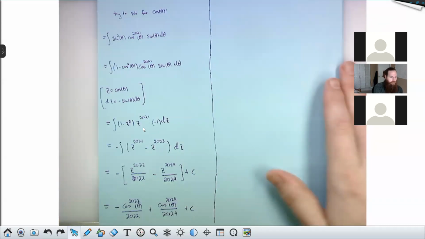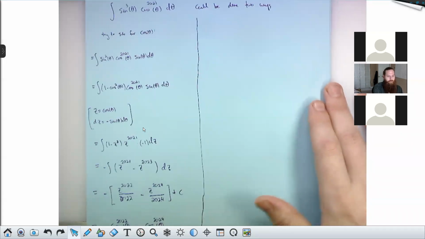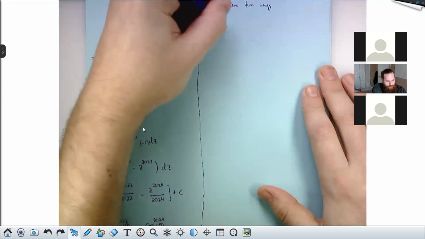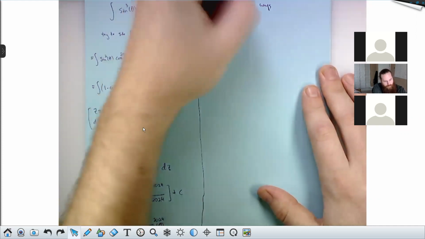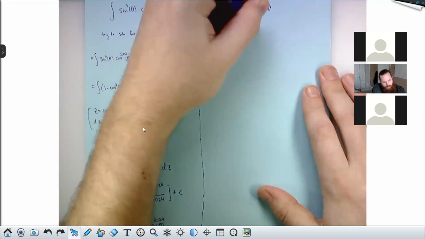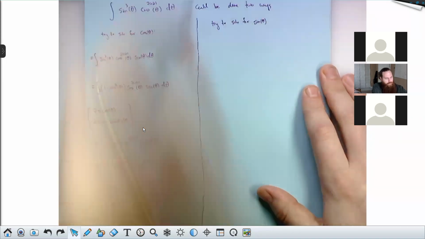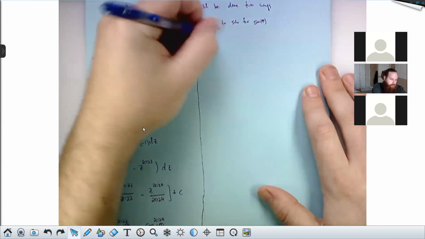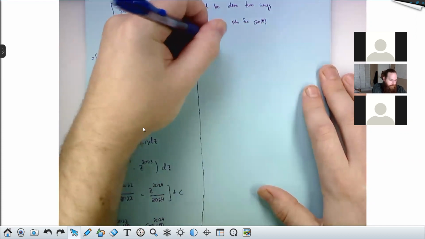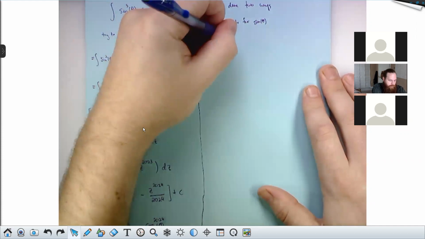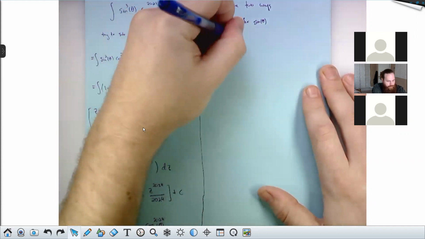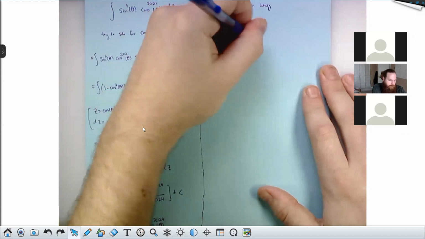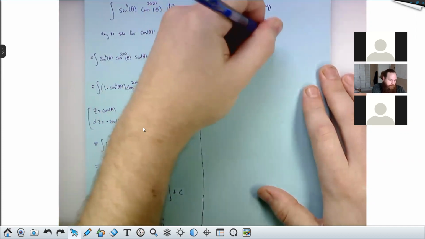On the other hand, if I tried to substitute for sine theta, well, then I'm going to set aside one copy of cosine. So I'll have integral sine cubed theta cos 2020 theta times cos theta d theta.